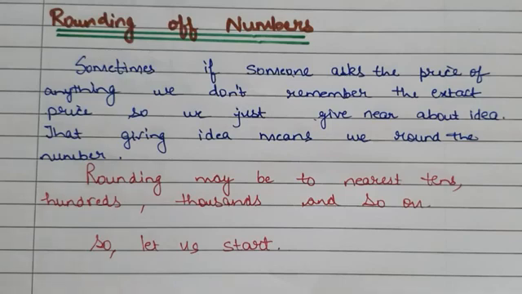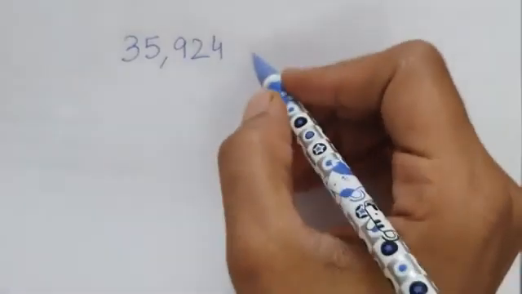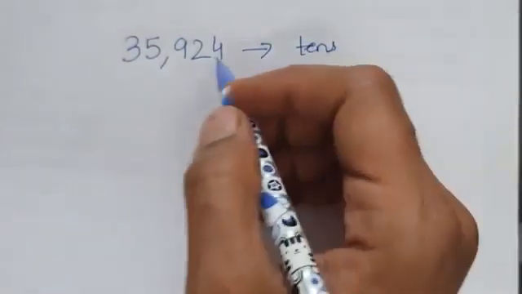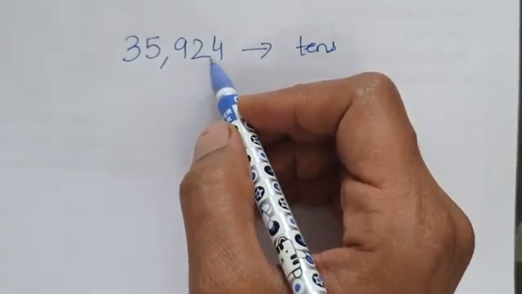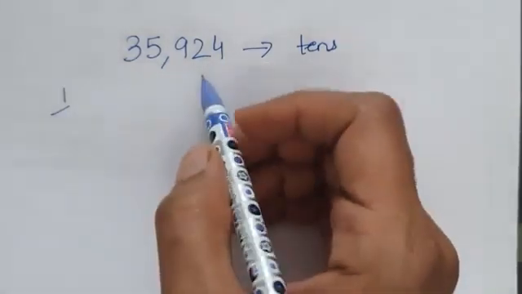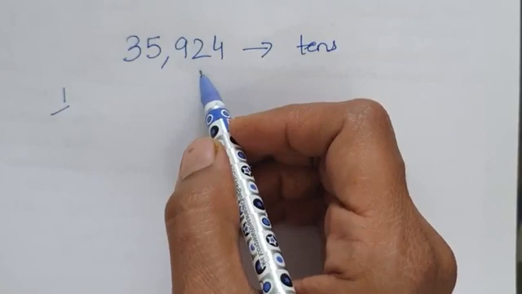Now rounding may be to the nearest tens, hundreds, thousands and so on. So let us start with our topic. First number is 35,924 and let us do the rounding off to the nearest tens. Children, listen to the steps very carefully. The first step is underline the digit which you have to round off.